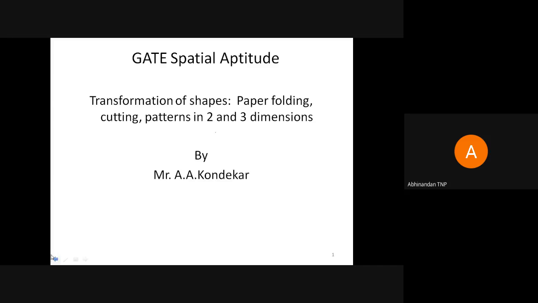You can solve the questions on the basis of paper folding and cutting of patterns in 2D and 3D dimensions. First we'll see what paper folding and paper cutting mean. Then there are 2D and 3D patterns, which are very simple to fold and cut.